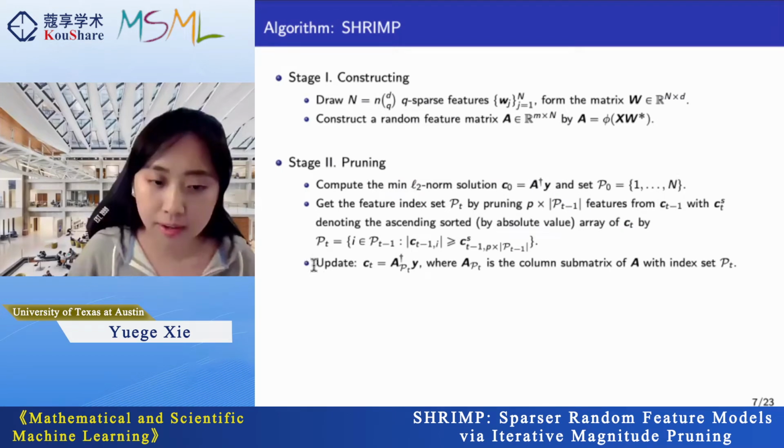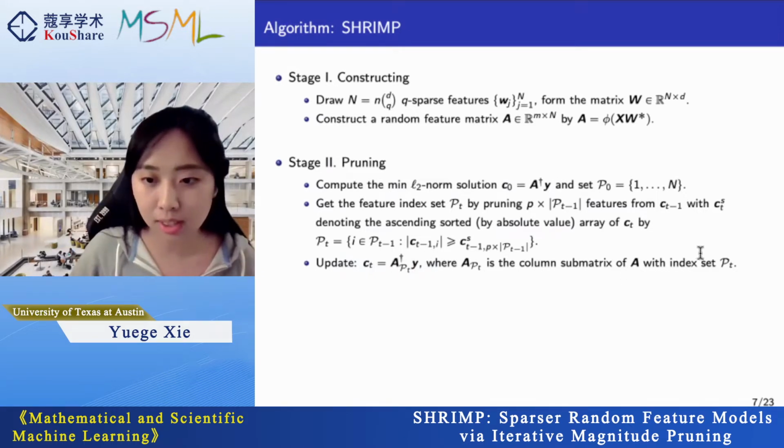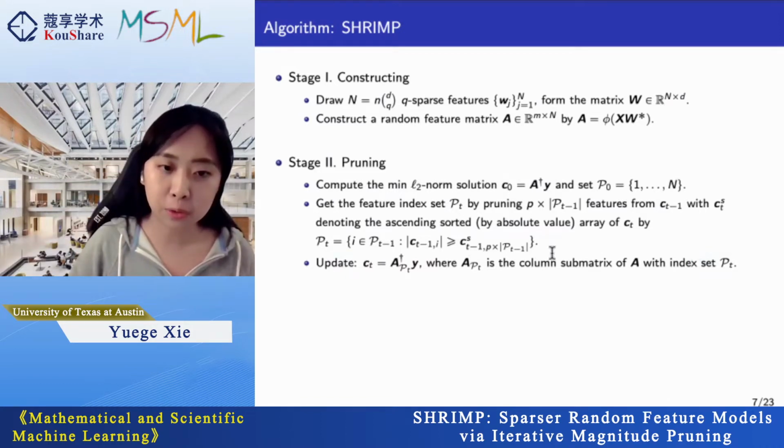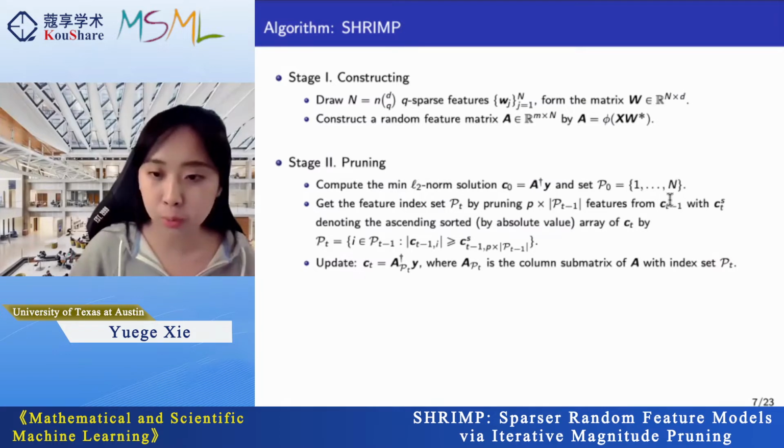After that, we update the coefficient vector based on the rest of the index set PT, and we do the iterative process until we achieve the number of iterations we want, or the number of features goes to 1.